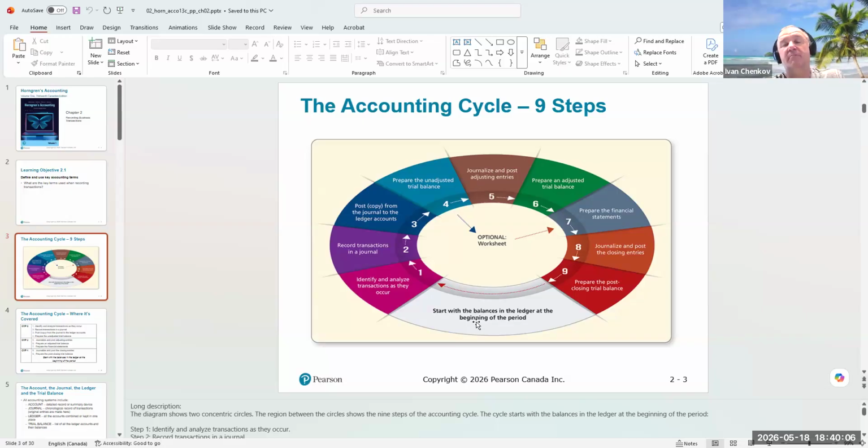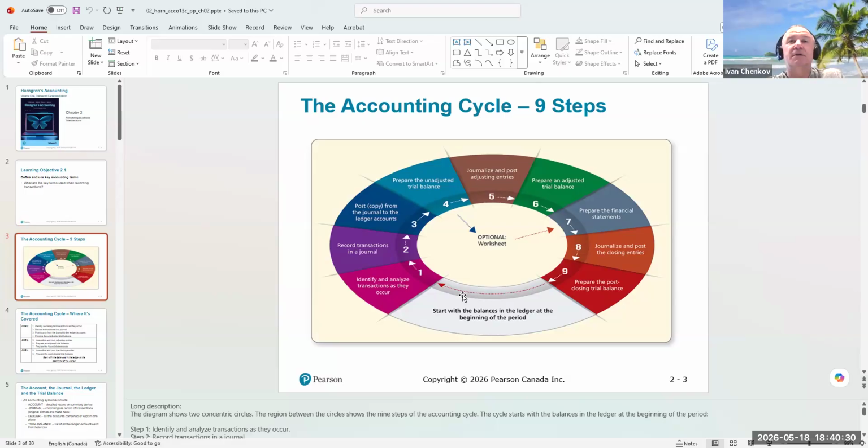Usually, if we start the company from the very beginning, those balances, everything will be zero. Since it's the start of the company, the balance will be zero. Once we move to the first year, those balances are going to change, and they're going to change year after year. But in the very beginning, everything starts from zero. Then there's a transaction or event which happens in the company.